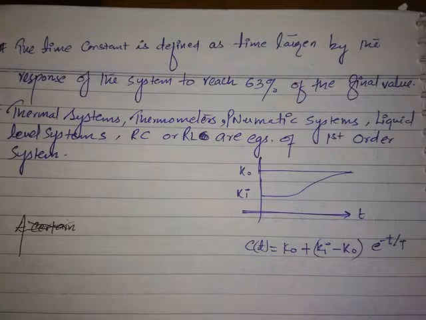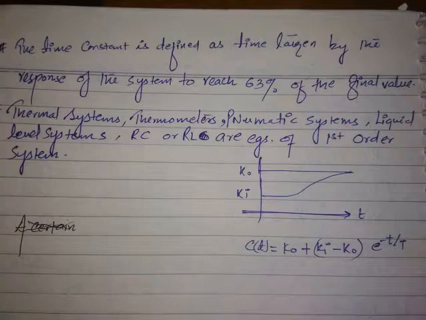So it is first order sigmoidal characteristics only you get. If this is the case, this equation is slightly modified as x naught of t is equal to K naught plus Ki minus K naught into e power minus t by T. This expression defines the dynamics of a first order system.